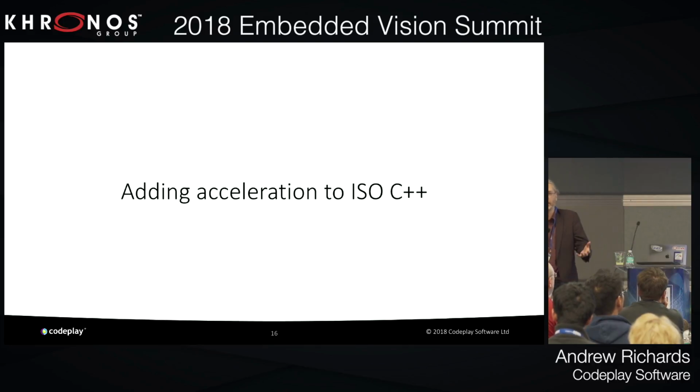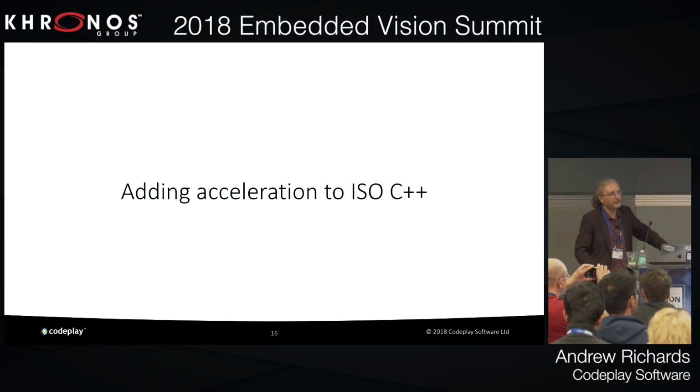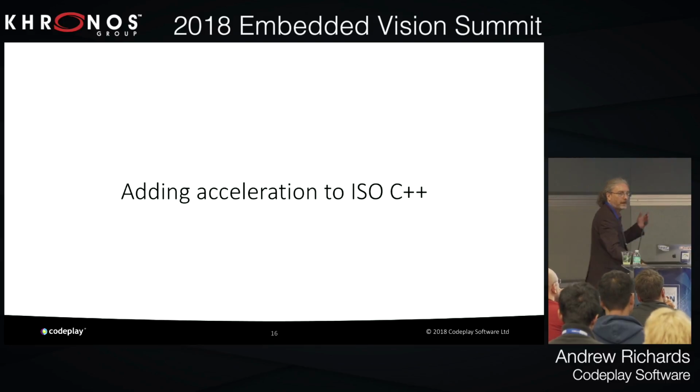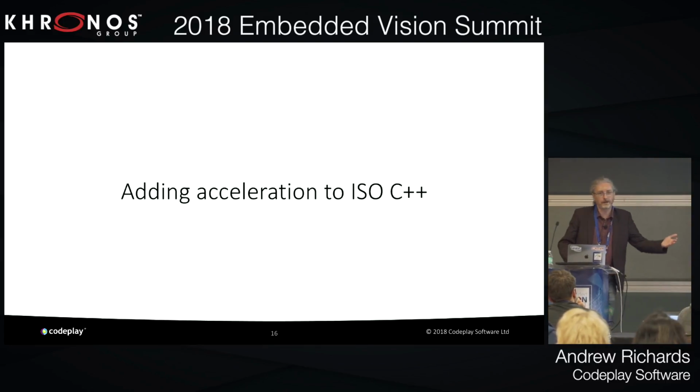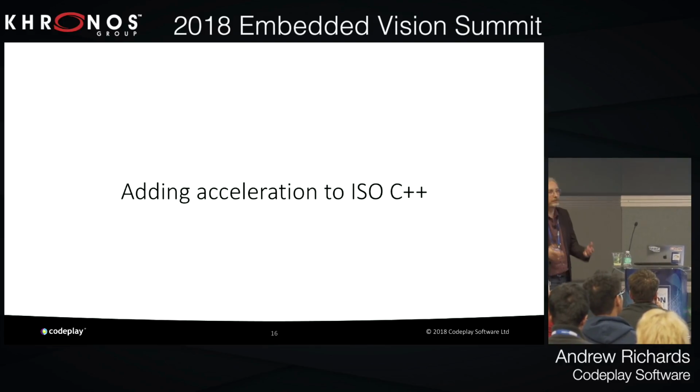It's not going to be possible for us to get stuff into ISO C++ without first defining SYCL and proving it, demonstrating it, optimizing it, building out this ecosystem. But our ultimate goal is to get this into ISO C++ so that anyone programming in C++ can use all of the power of a system on chip and not be restricted to just the little old CPU.